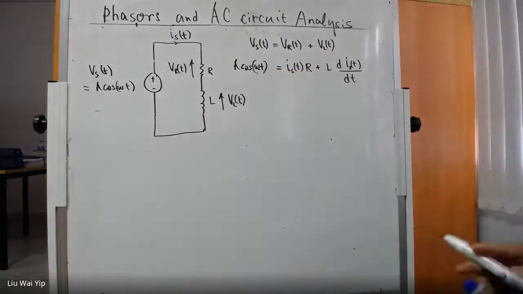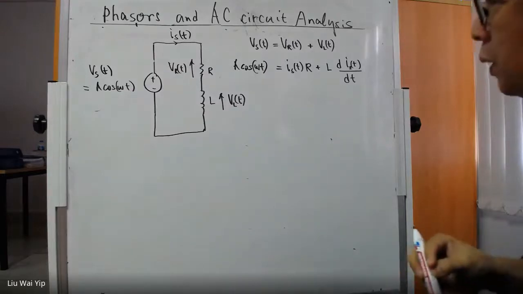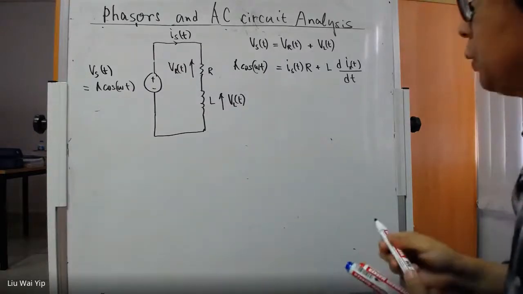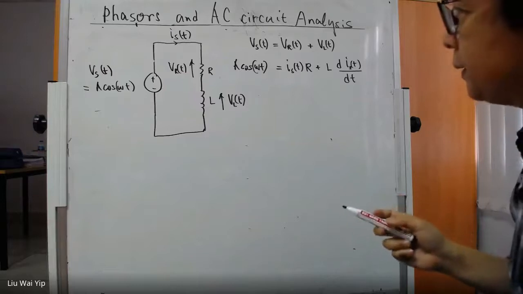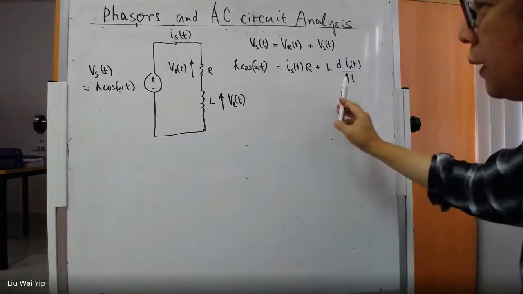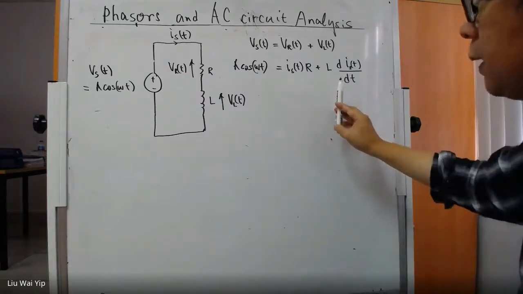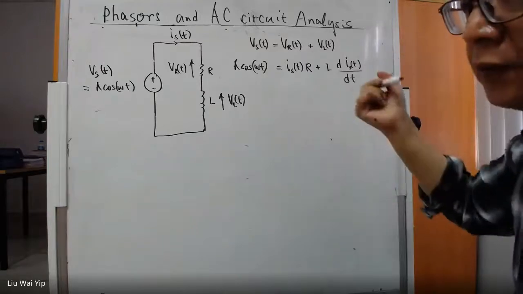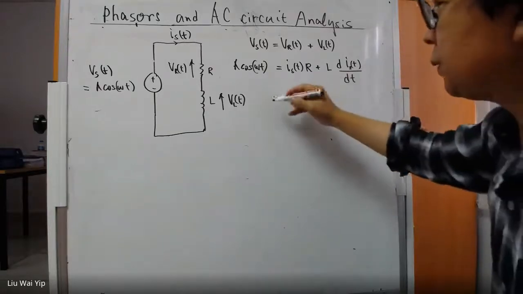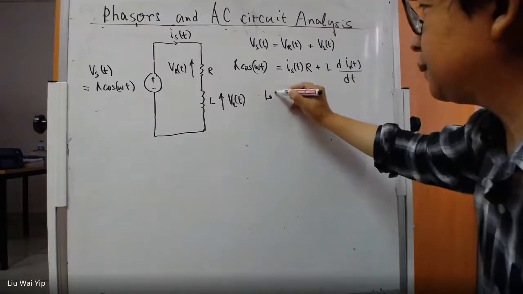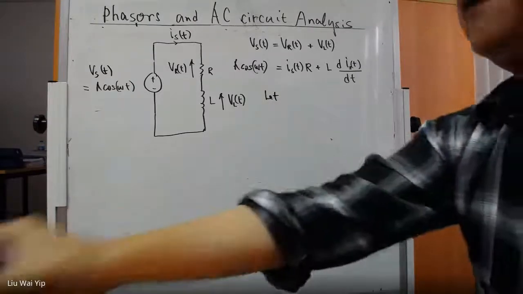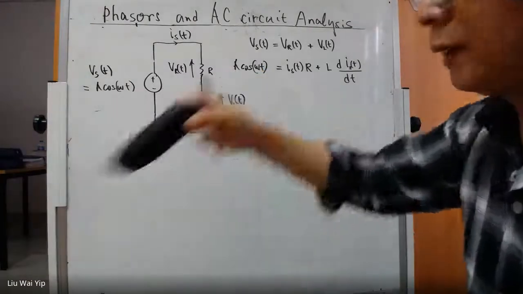Now, the solution is very easy. This is a first order differential equation. We have to guess a solution. So let's guess Is of t.